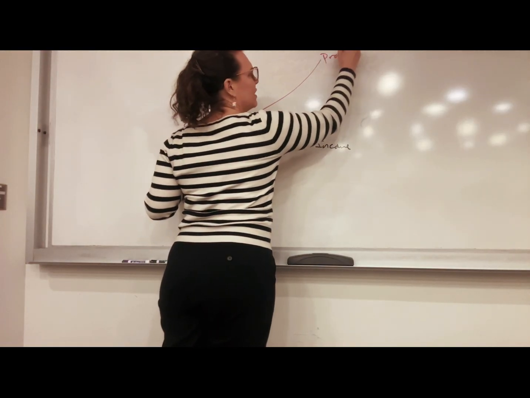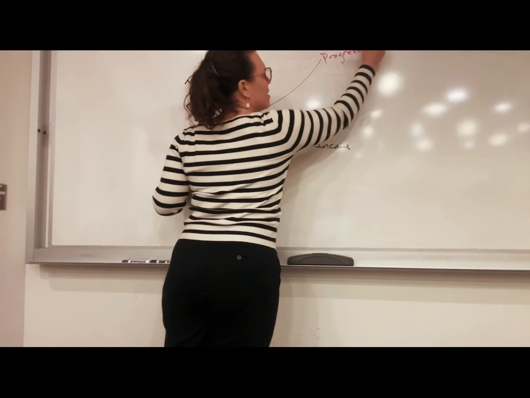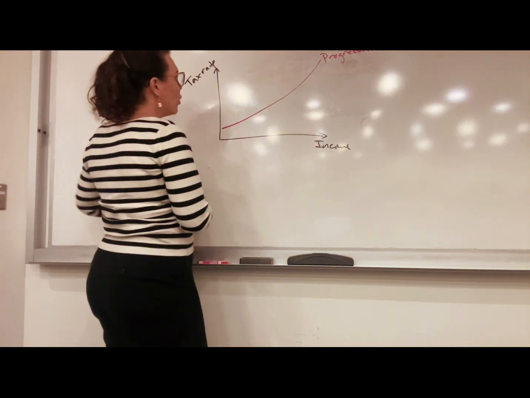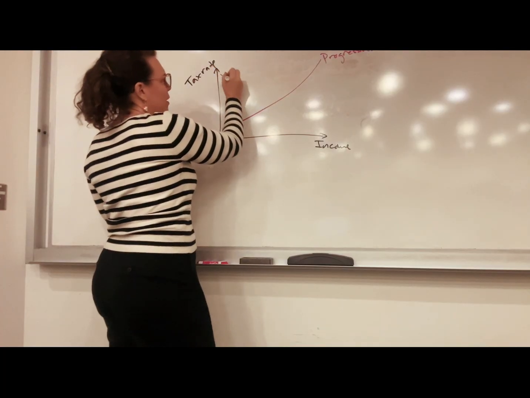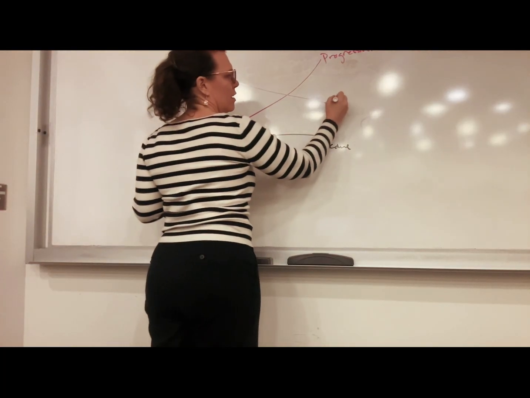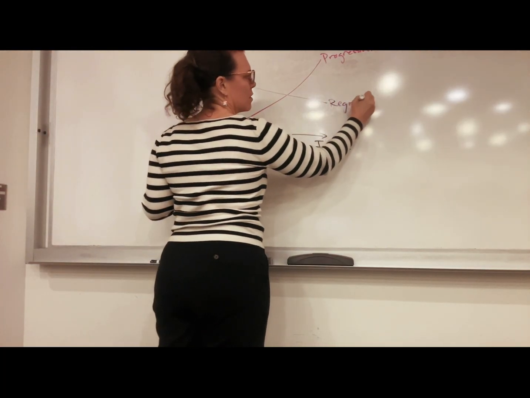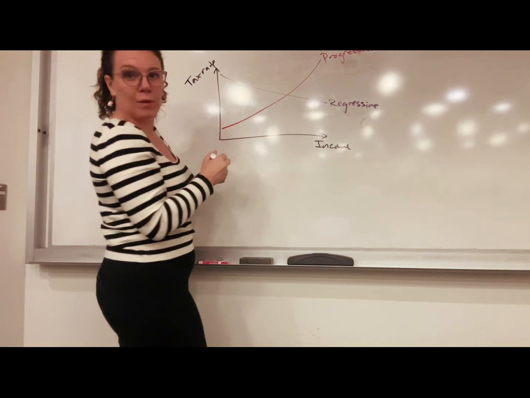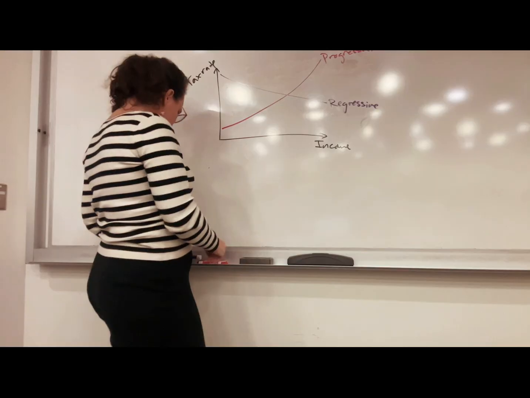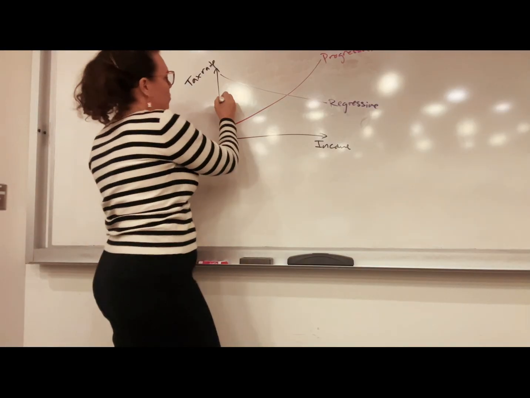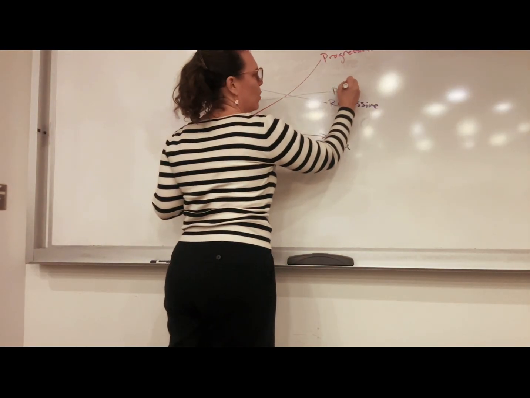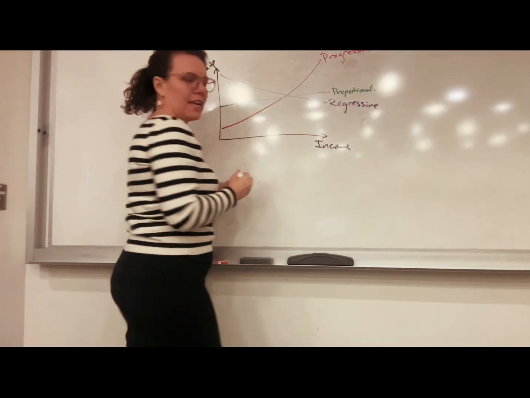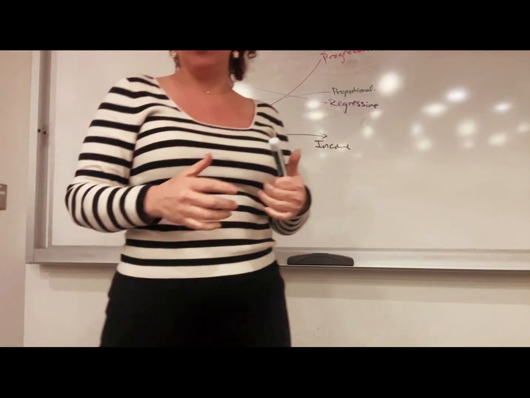We are progressively taxing wealthy people more than poor people. A regressive tax rate would be one where the burden is on low-income people, and we are taxing poor people more than wealthy people. The other is the proportional tax rate where everyone is taxed the same regardless of their income level.